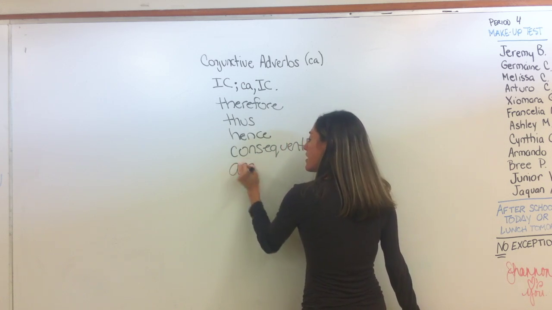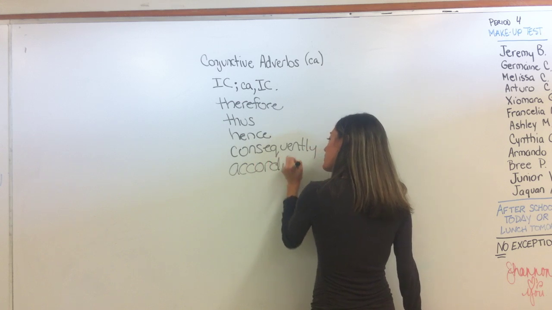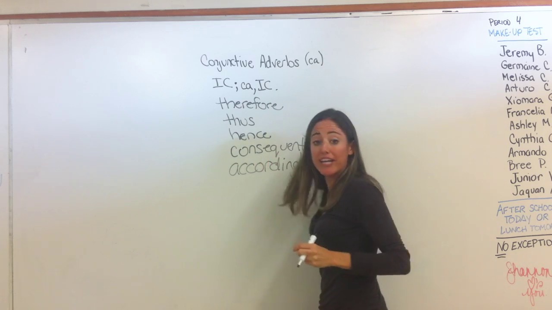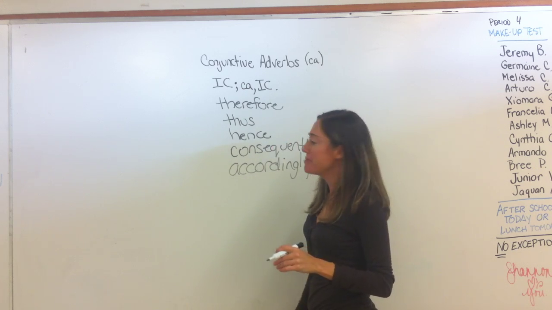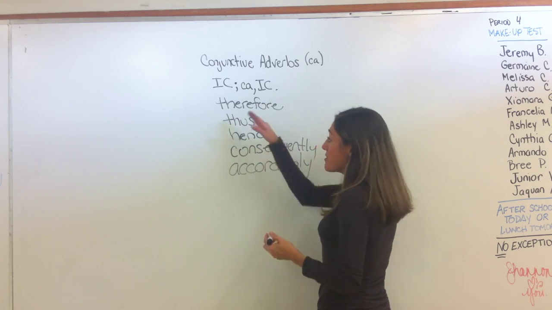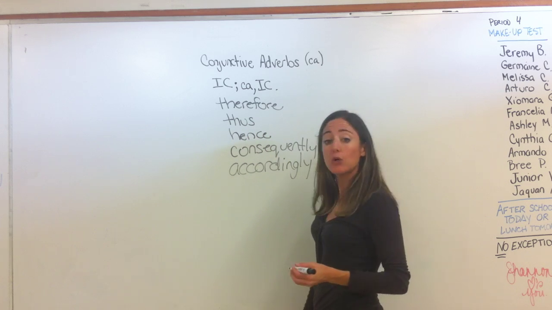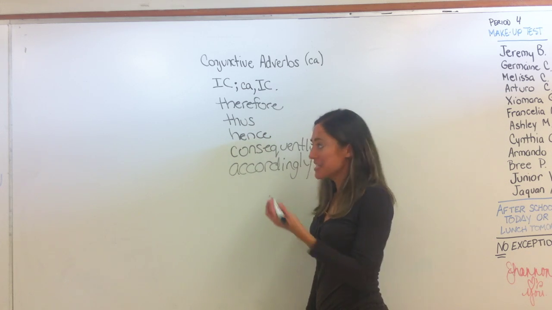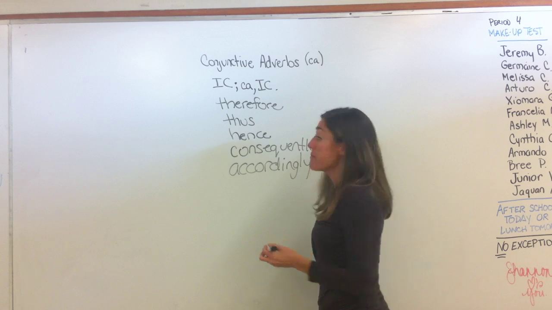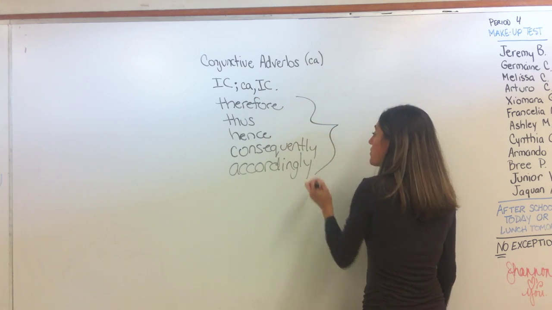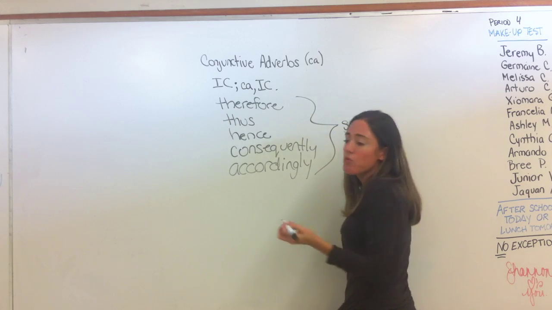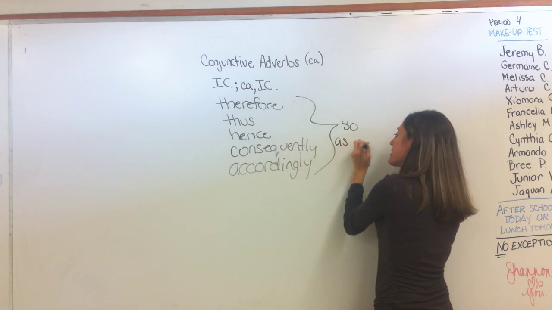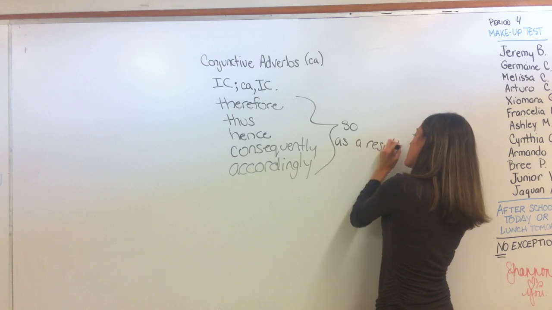And another one we use hardly ever, accordingly. There are a ton, and we're not going to go over all of them today, but I'm going to hit some major ones. Therefore, thus, hence, consequently, and accordingly are all basically synonyms. They all mean the same thing, and they all translate to the word so, or more commonly put, as a result.